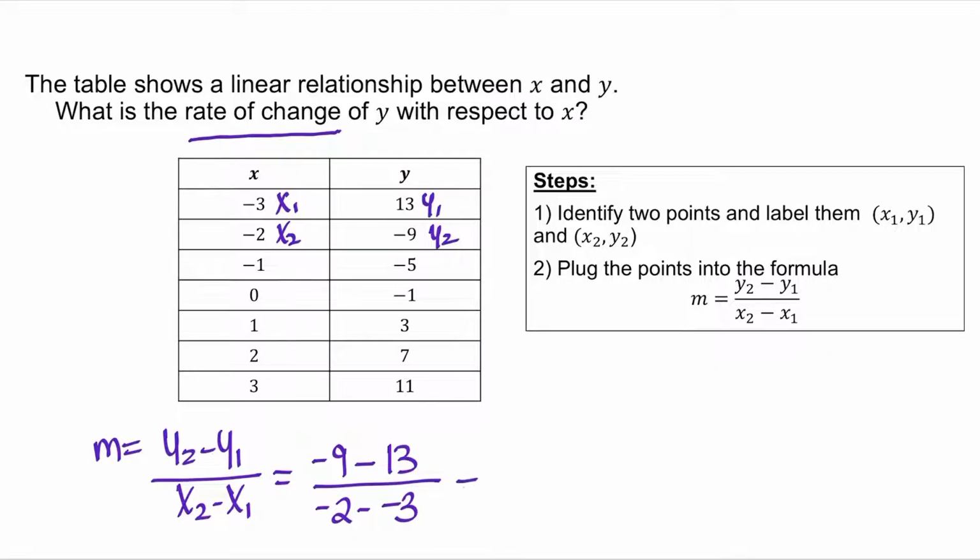Now let's simplify this. We have -9 minus 13, which is -22, and that's divided by -2 minus -3. Minus negative turns into a plus, so we have -2 plus 3, which is 1, which gives me a rate of change of -22 divided by 1, which is -22.